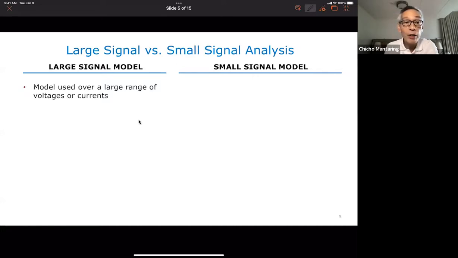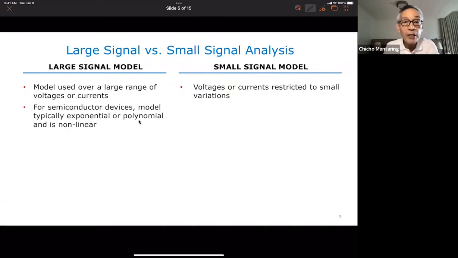So your large signal model, this is used over a large range of voltages or currents. So ang large signal model mo, yung mga voltahe natin or yung current natin can swing very large values. On the other hand, yung small signal model, the voltages or currents are restricted to very small variations. Kung magbabago yung voltage or current natin, maliit na maliit yung magiging variation.